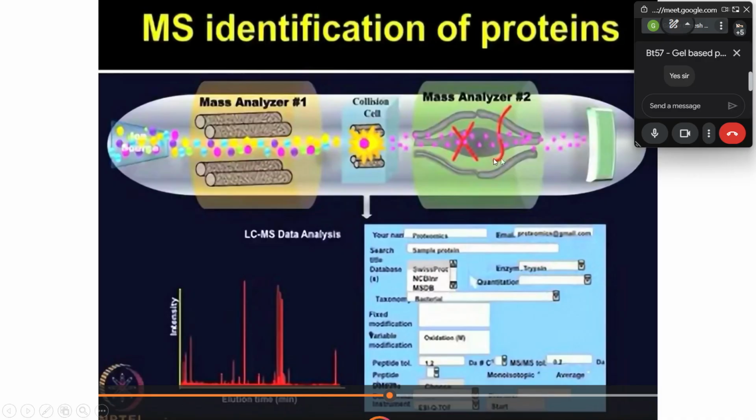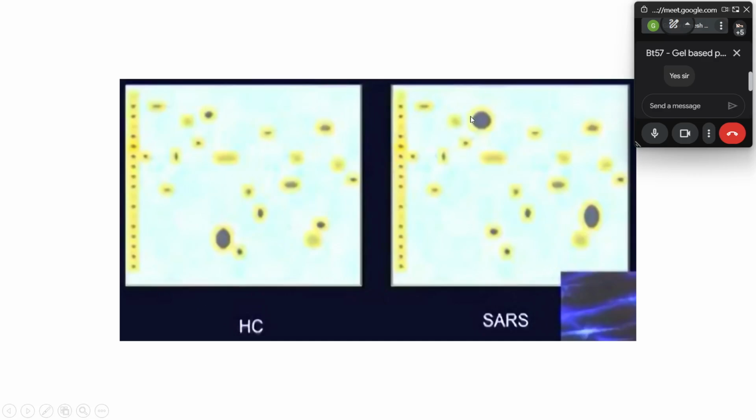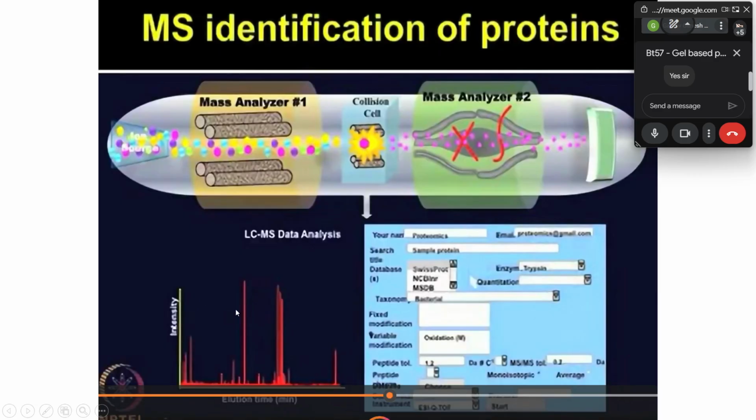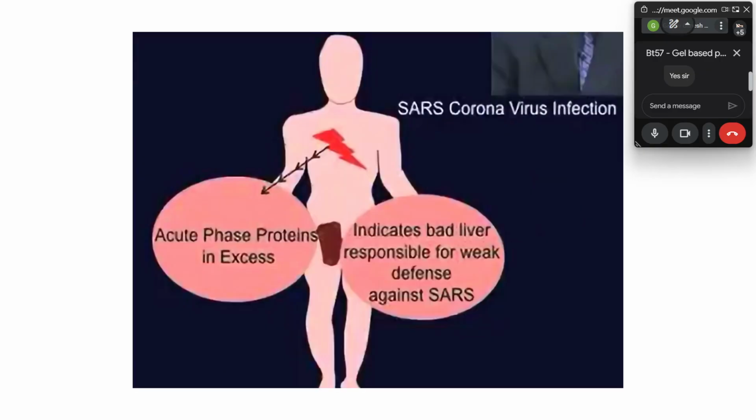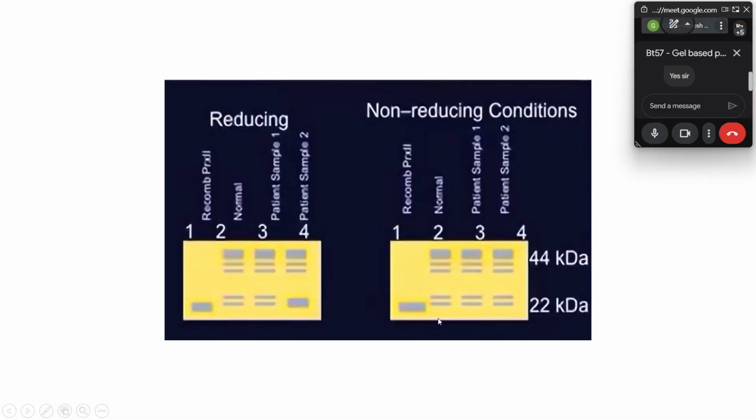Then in MS2, that 120 fragment will get further fragmented. That helps you understand the exact protein present in the sample, and which proteins are upregulated and downregulated, by comparing with libraries and looking at the fragmentation pattern. So this is the indication you will get after doing this kind of analysis.